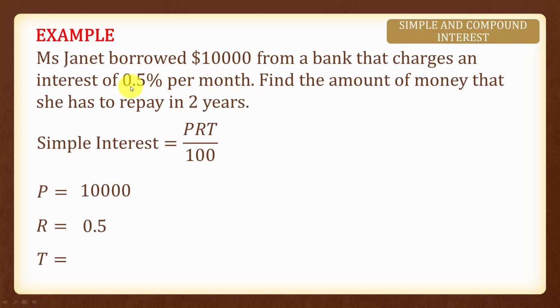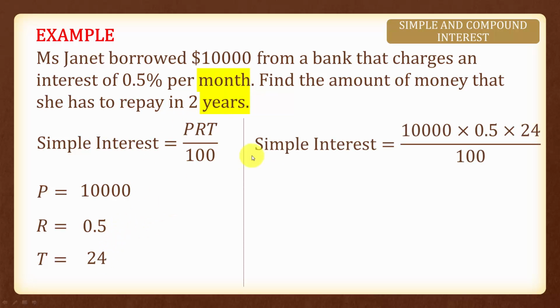The interest rate is 0.5% per month. However, the time period is 2 years, and therefore we can change the years to months by multiplying by 12 to get 24 months.